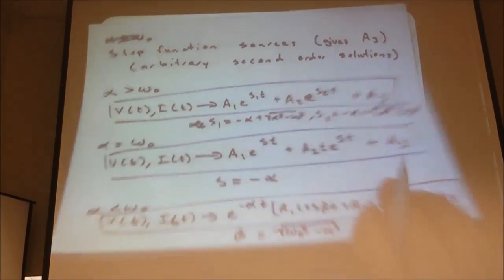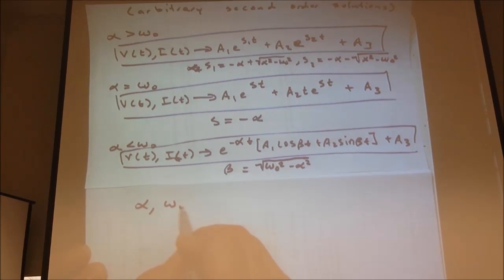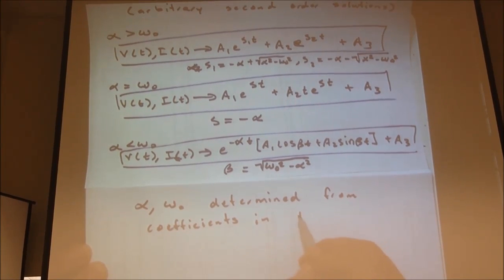Where in all of these, alpha and omega naught are determined from coefficients in the differential equation.